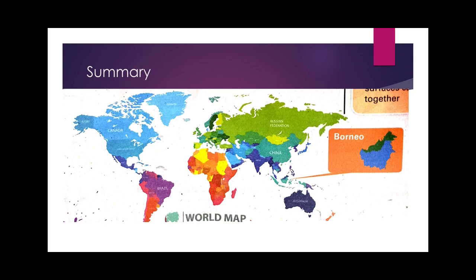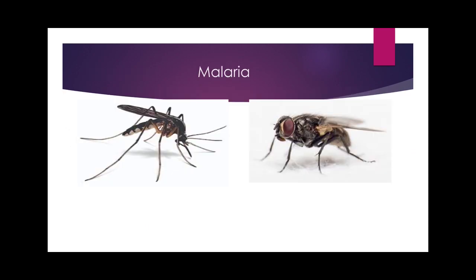And in this hot island, the presence of insects like flies and mosquitoes, which are in a very large quantity, can infect the people of Borneo with a very deadly disease, that is malaria.